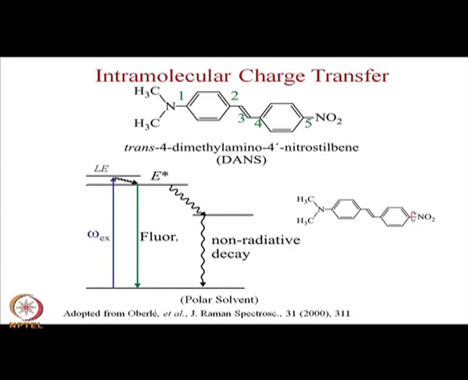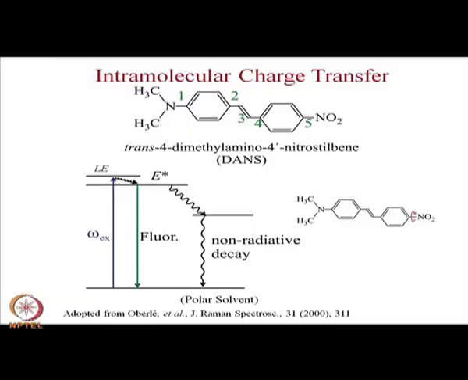So, it is basically a case of intermolecular electron transfer. Intermolecular electron transfer means transfer of an electron from one molecule to another, where either the donor or the acceptor is in the electronically excited state.